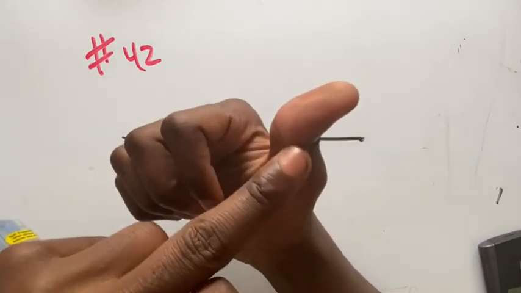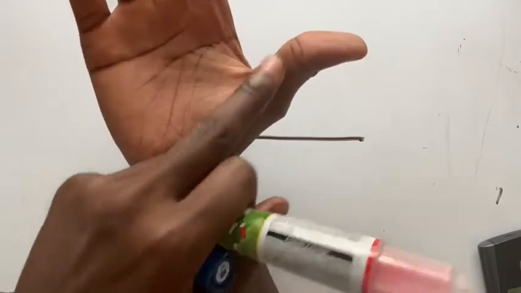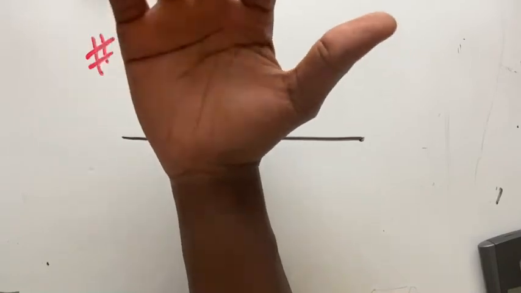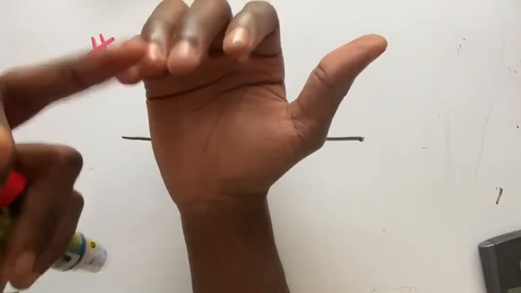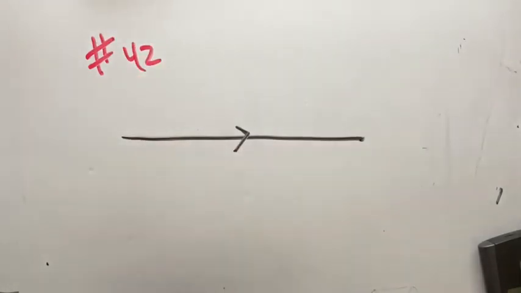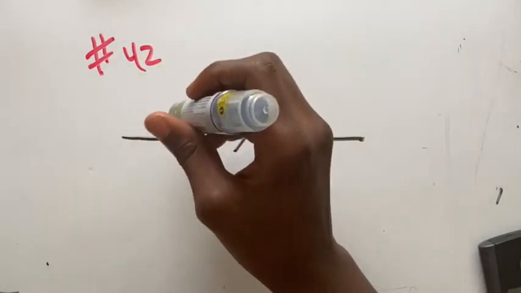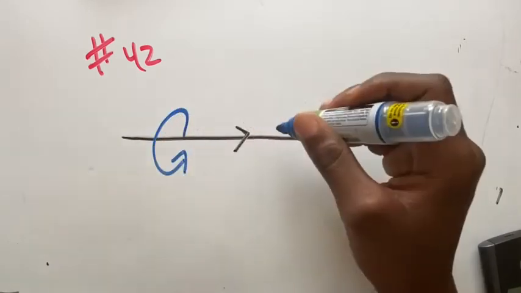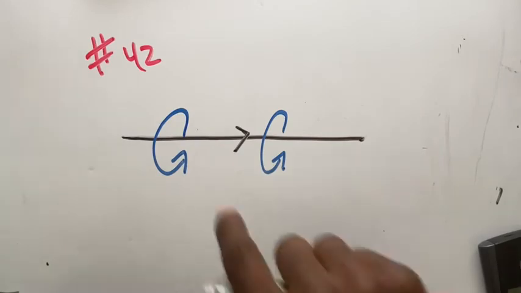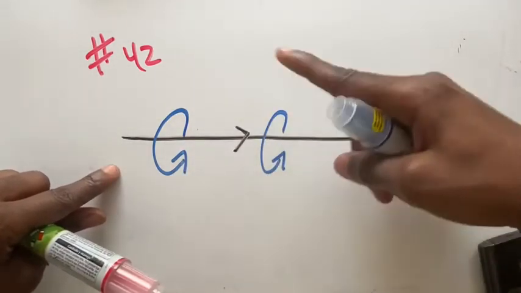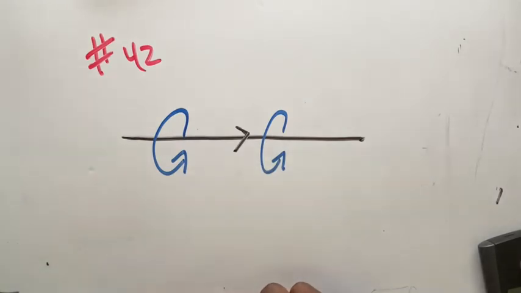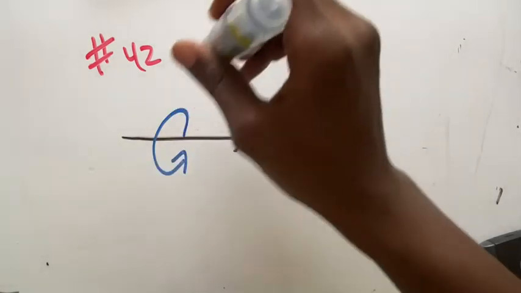Use my thumb, remember? So my thumb points in the direction of the current, and then my fingers curl around like this as I close them. So my fingers here are going to represent the magnetic field. So the magnetic field goes around in the direction that my fingers were curling. So the magnetic field circles around this wire here. So the answer to 42 is going to be A.